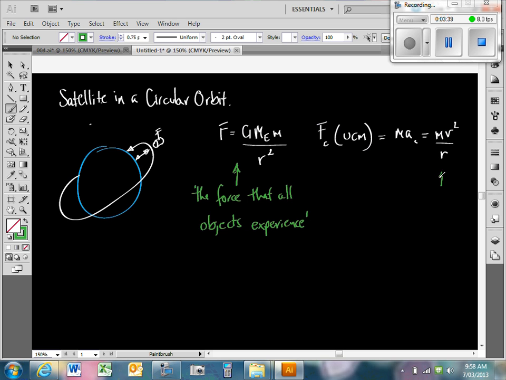And this here is the force that objects in UCM, uniform circular motion, experience.